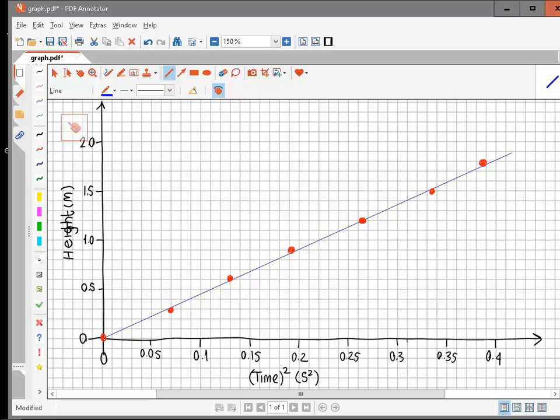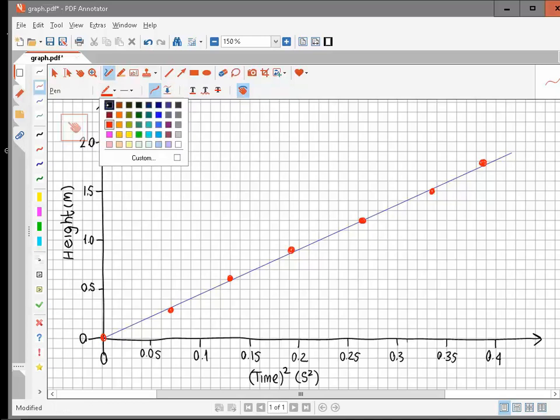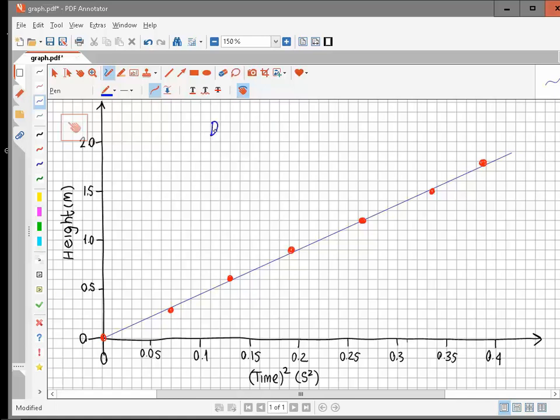We have our axes labeled with the correct unit, and we simply just need to give it a simple title, and this is drop height versus, this is an abbreviation for versus, drop time squared.